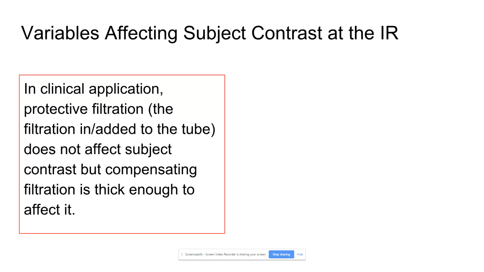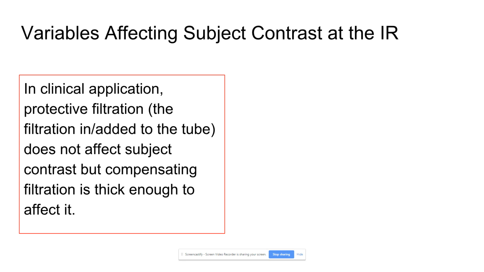Those are the photons that have lower energies, lower kVs, if you want to think about it that way. But since they're not affecting the image receptor, then they should not have an effect on the contrast of the image.